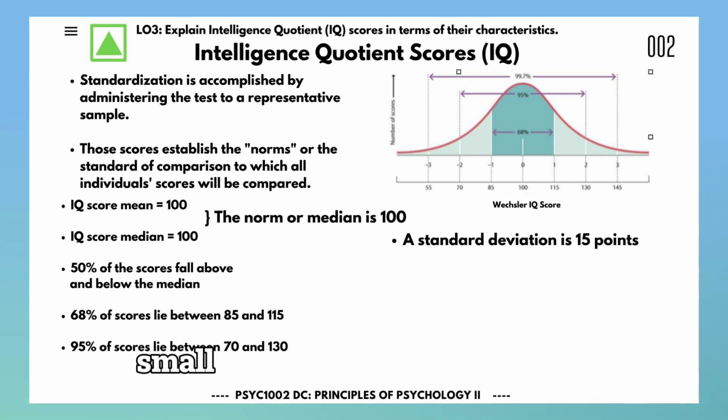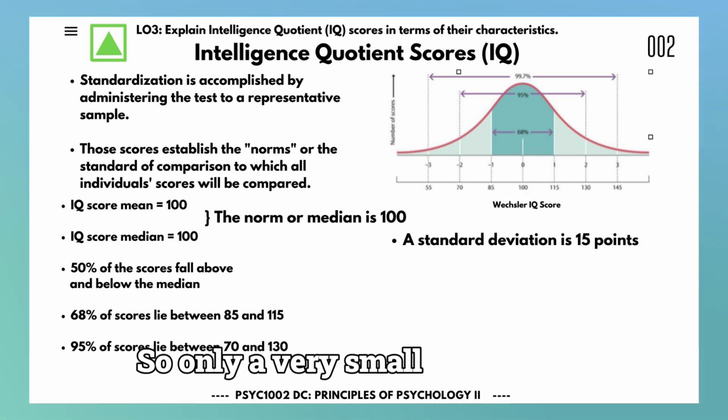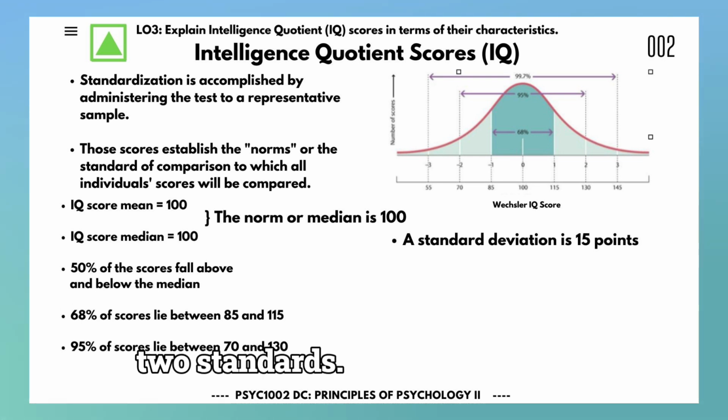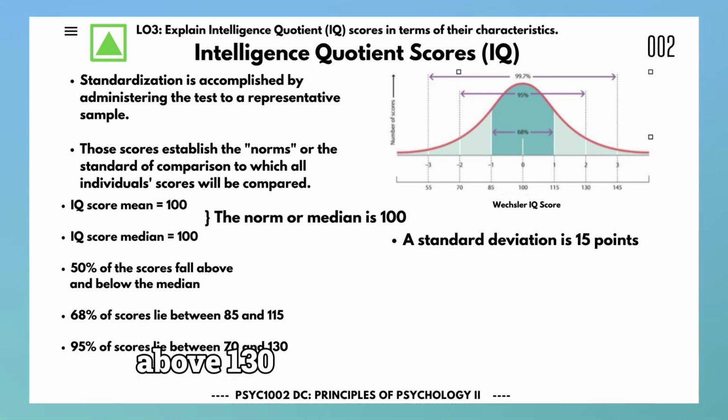Now, the outliers beyond these points represent only a small portion of the population. Only a very small portion of the population is represented below 2 standard deviations from the mean, as well as above 2 standard deviations from the mean. So a small percentage of people have a low IQ below 70 points, or a very high IQ above 130 points.